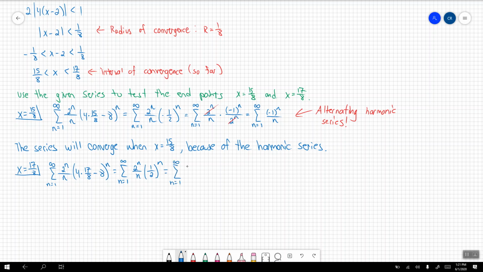And again, we're going to get some coefficients to cancel out. This is going to be just 1, because it's 1 to the power of n, and this is going to be 2 to the power of n. So the 2 to the power of n's cancel, and we're just left with the harmonic series. Look at that. And what does a harmonic series do?